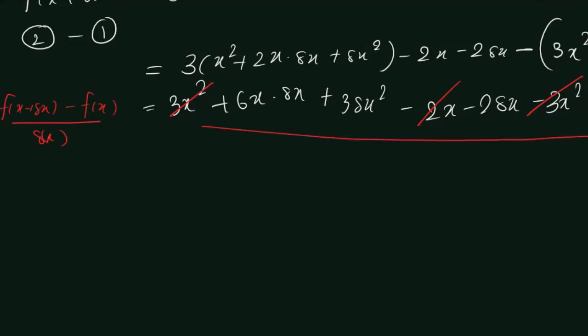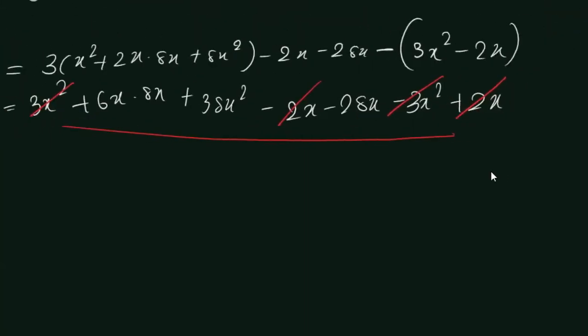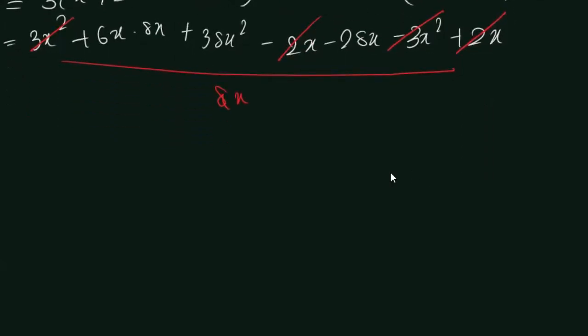So the remaining things, we need to divide by Δx. Fine. So when I divide them by Δx, this Δx to this Δx cancels out. So what remains is 6x from this, 3Δx from here, and then of course minus 2 is going to remain.